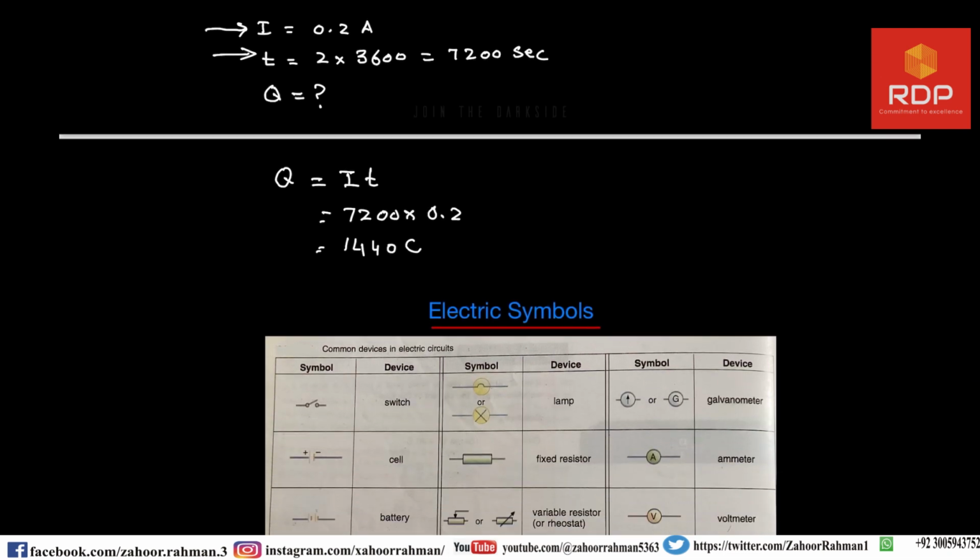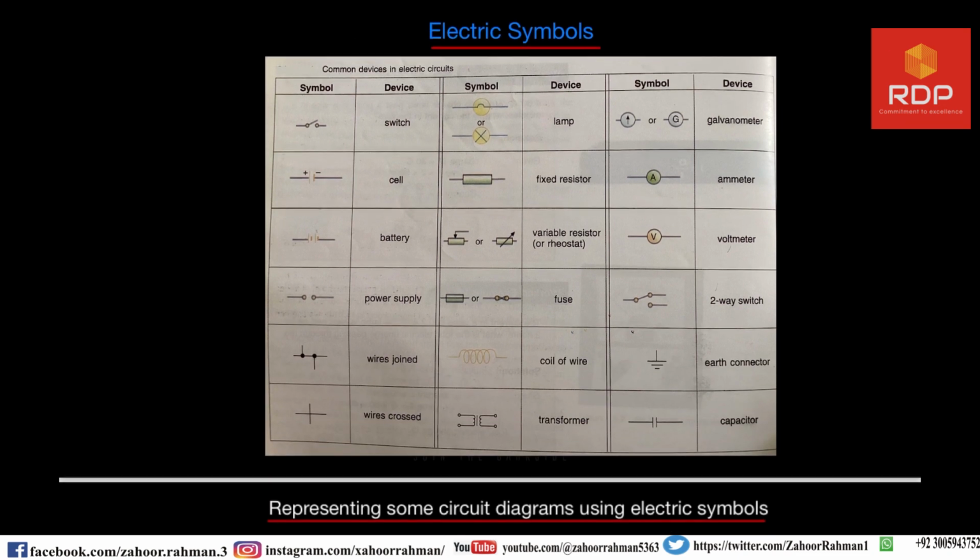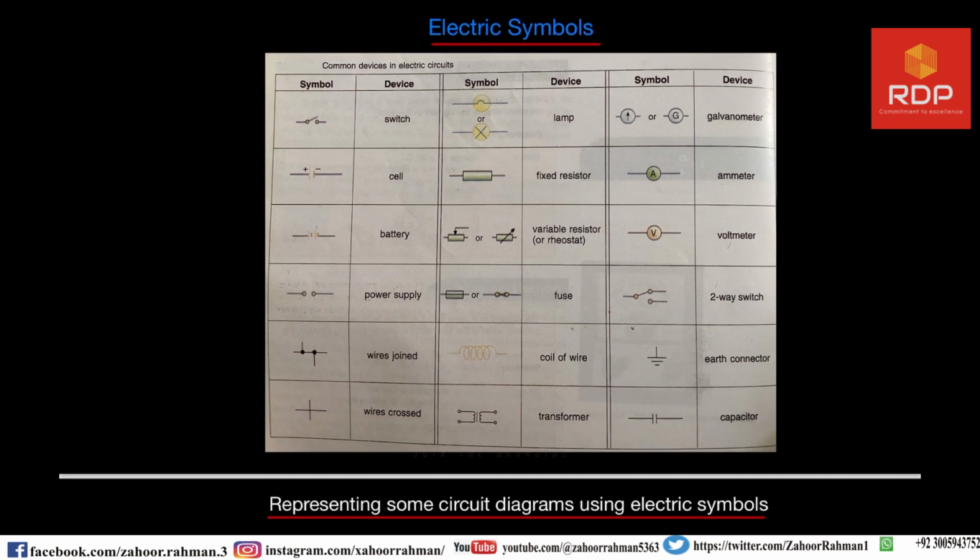Now let's turn our focus to another very important topic, and that is electric symbols. If you want to take physics as your future subject, then you have to understand all these symbols. In this course, we will use one of these symbols somewhere in the topics.